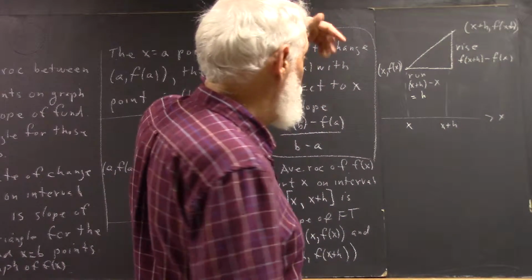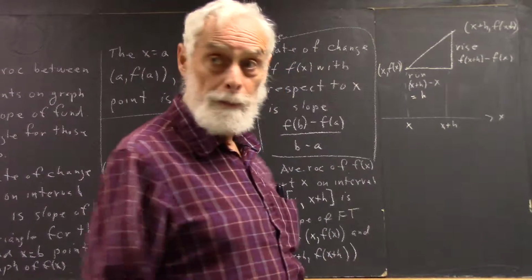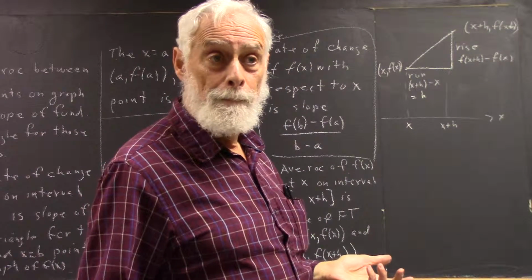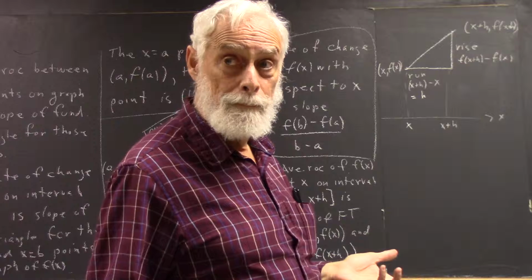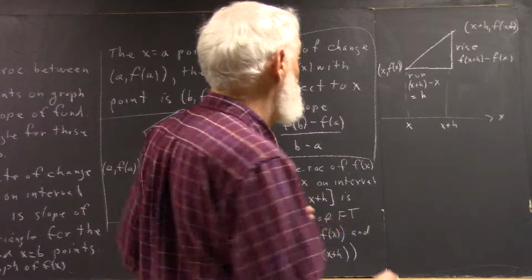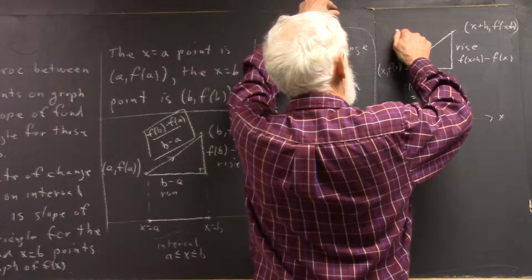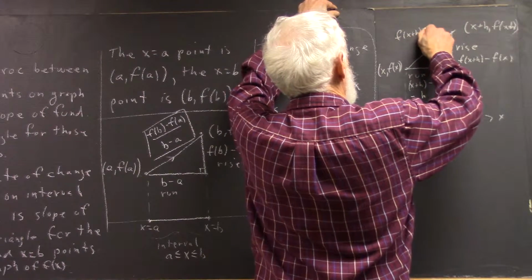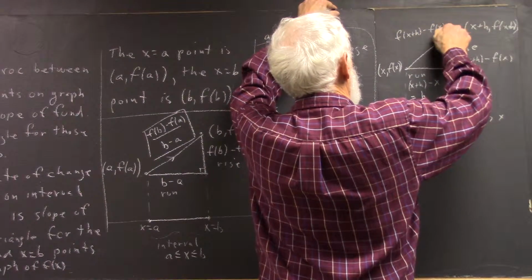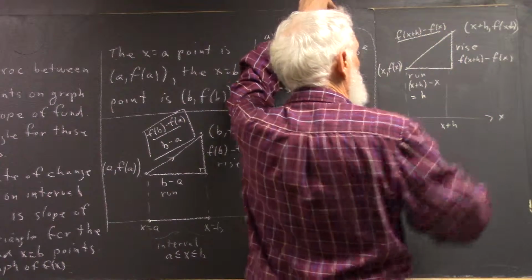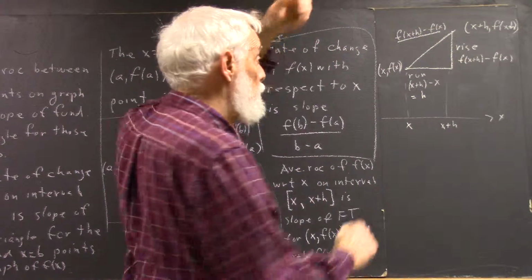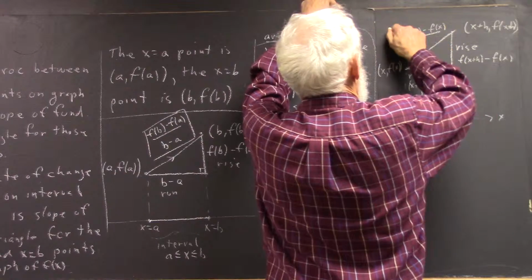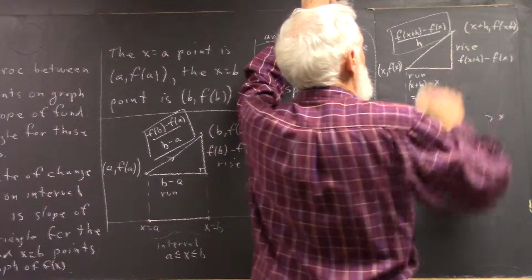Now, what's the slope then? Rise over run. There's the rise, f of x plus h minus f of x, divided by the run, which is h. That's your slope.